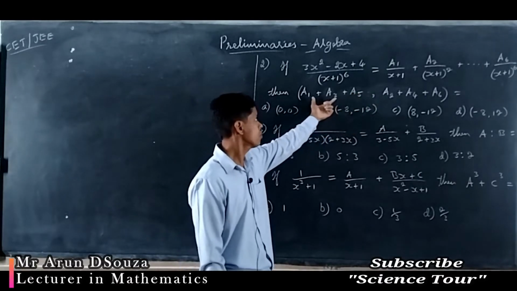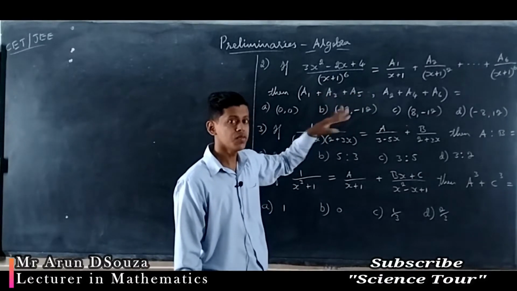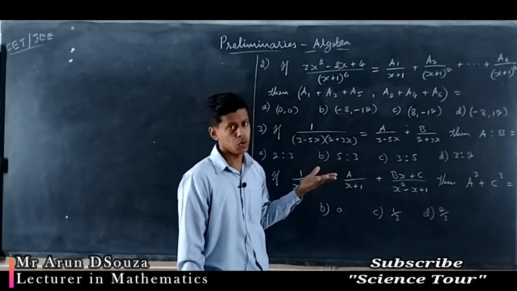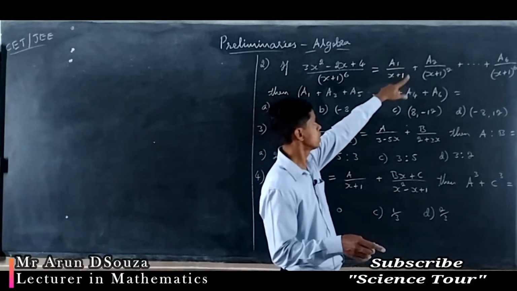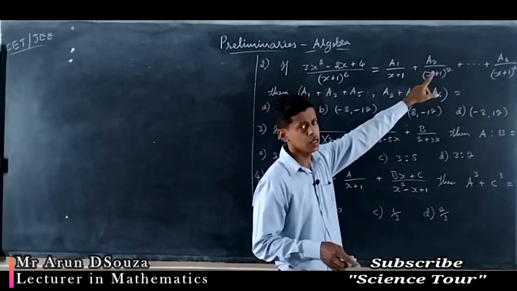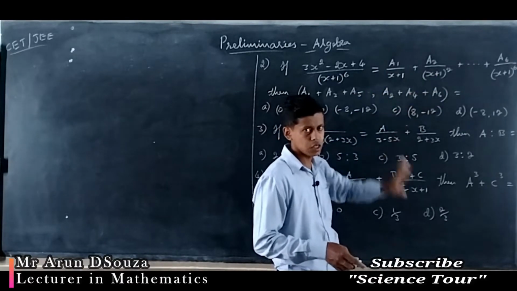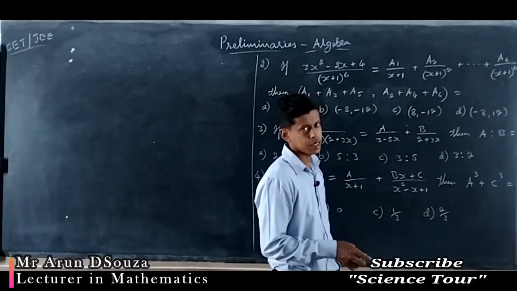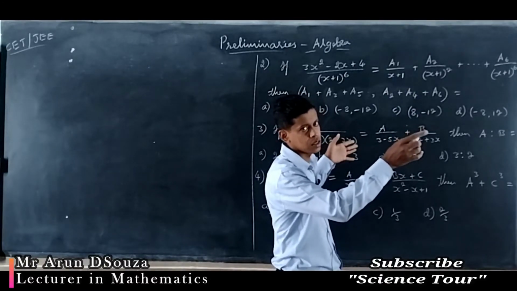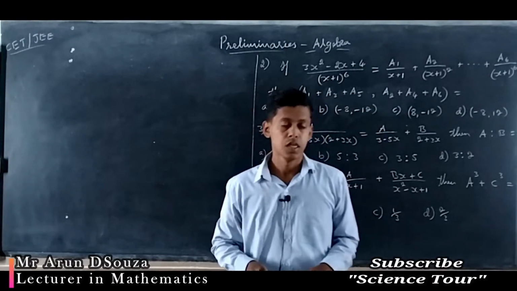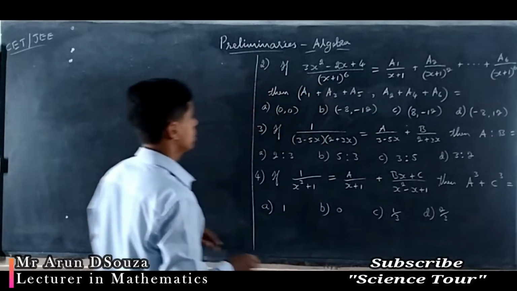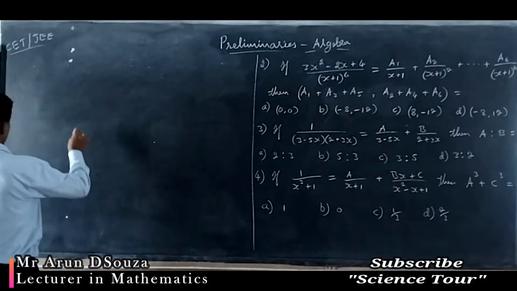But that is not the thing we need, so we have to take the LCM first, then put 0. Directly if you put 0, you will get A1 plus A2 plus A3 plus A4 plus A5 plus A6. That answer you will get easily, correct? But we don't need that answer, we need these things separately. So we will take the LCM first, then let us do it.